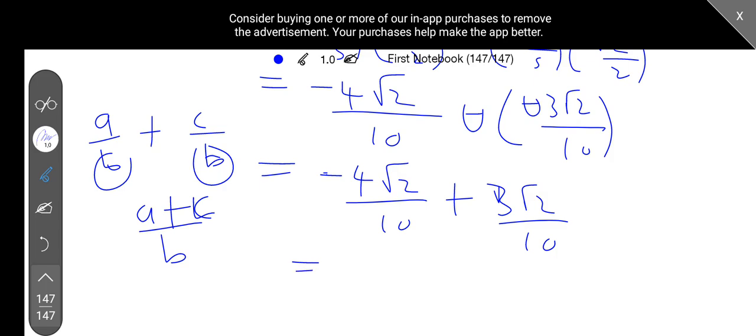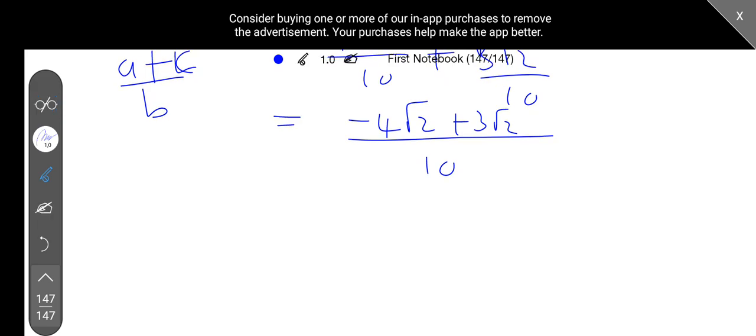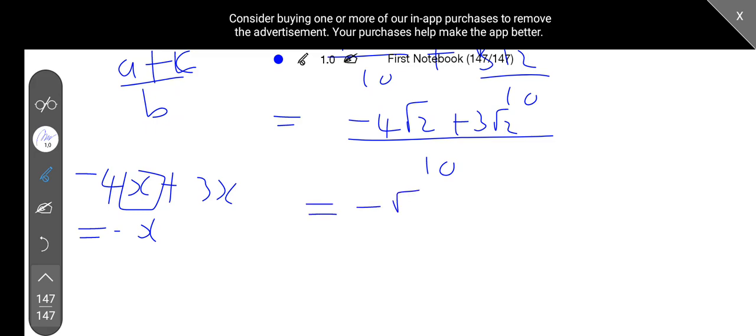So here we can keep the 10 and add negative 4 root 2 plus 3 root 2. What is negative 4 root 2 plus 3 root 2? Let's say root 2 is x. What is negative 4x plus 3x, guys? It is negative x. So because we said let x be root 2, this is equal to negative root 2 over 10. And this is our final answer.